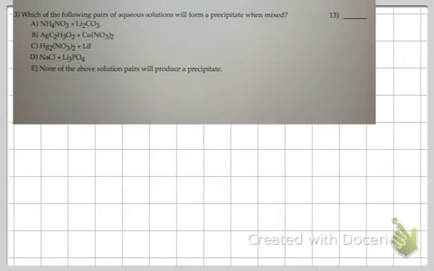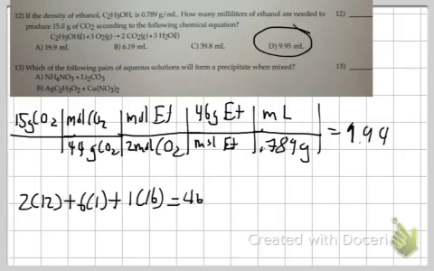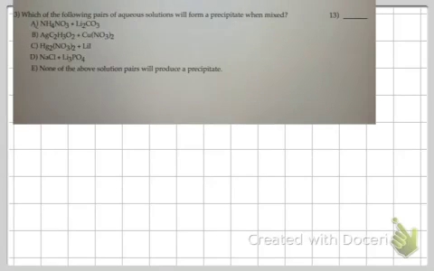So which of the following produce a precipitate? You have to look at these to figure out which one's going to be soluble. All ammonium salts are soluble, all nitrates, so this is no reaction. This one's also no reaction.